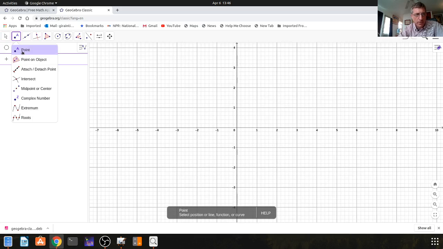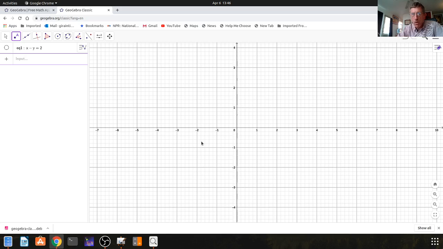So I'm going to grab my point object and I'm going to plot 3, 1. So my value of x is 3, and then I go up, and there it is, 3, 1. The next point, so you all should write these points down or look at your notes.